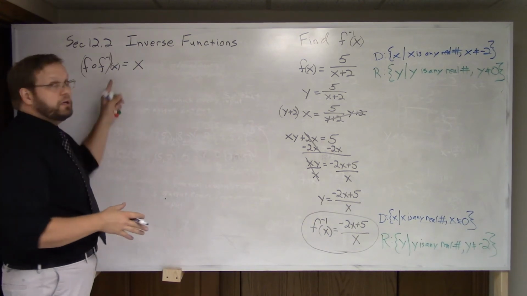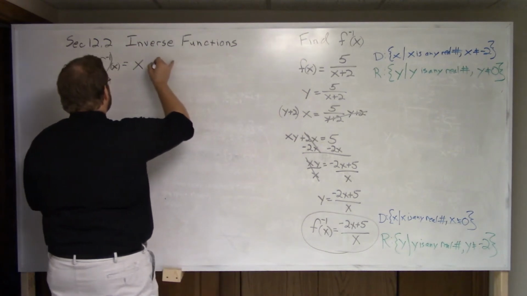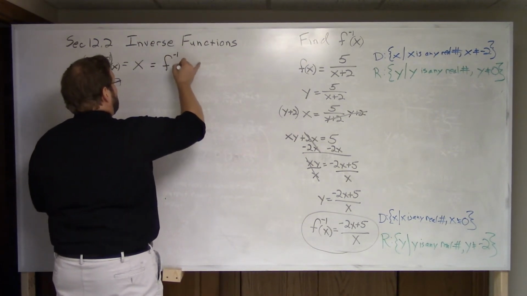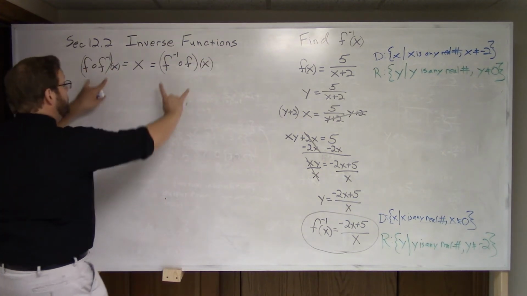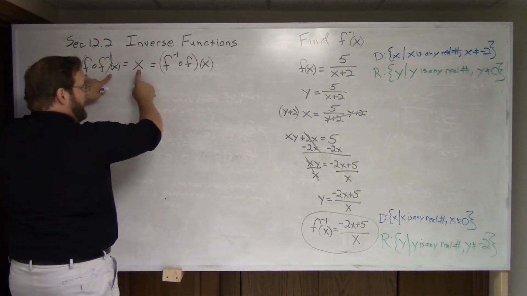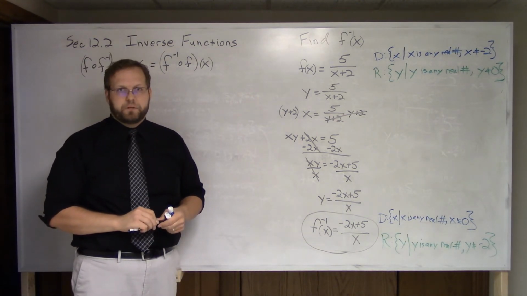However, this is not commutative, so we have to make sure it goes both ways. So we have to find both of those compositions. If both of these compositions equal x, then we can verify that they are in fact inverses of each other. Okay?